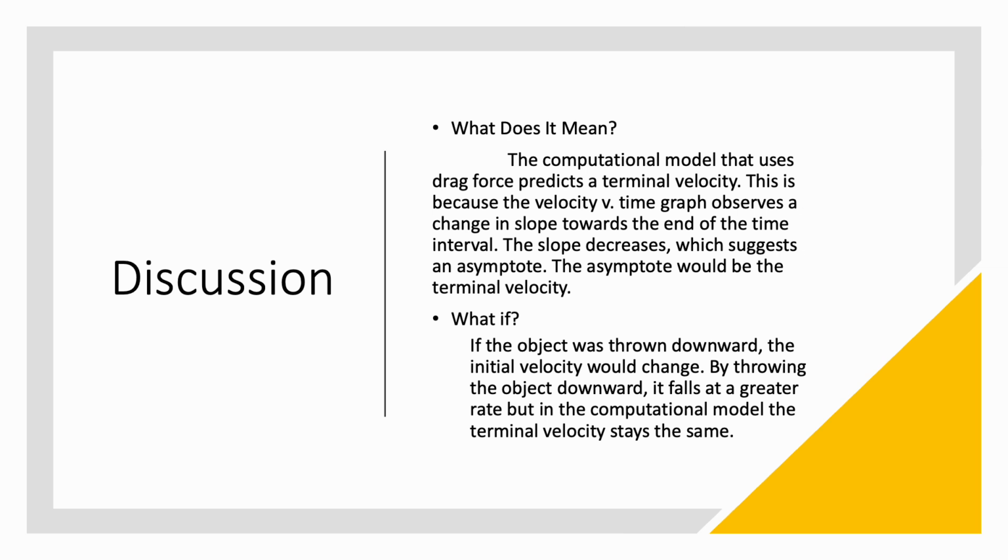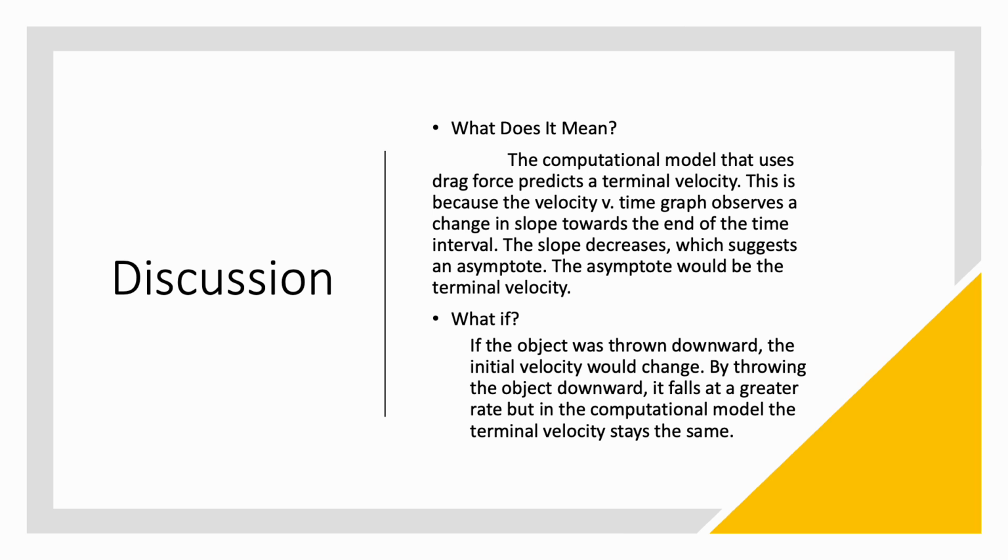And this is because in the velocity versus time graph, we observe a change in slope towards the end of the time interval. And the slope decreases, which suggests an asymptote. It starts to kind of hug a certain velocity. And so that asymptote is actually going to be the terminal velocity.